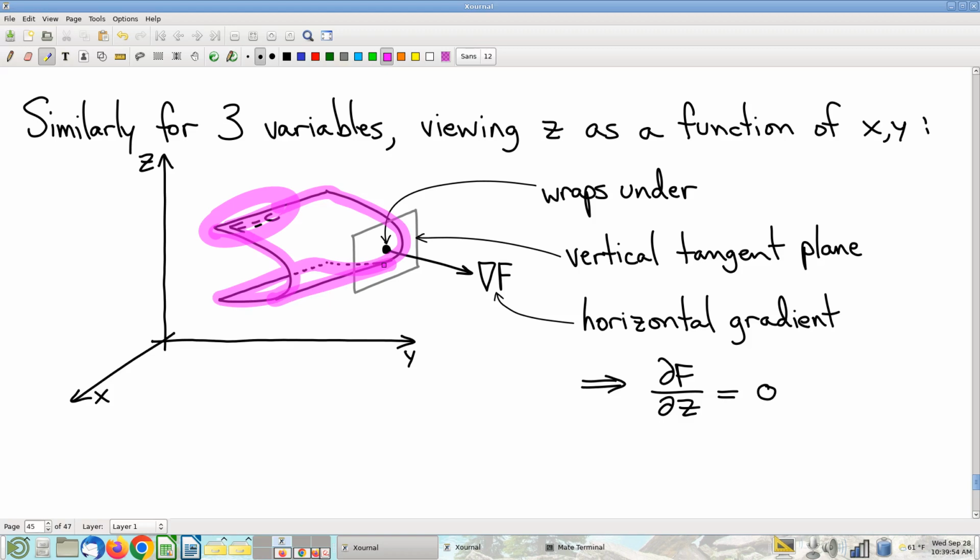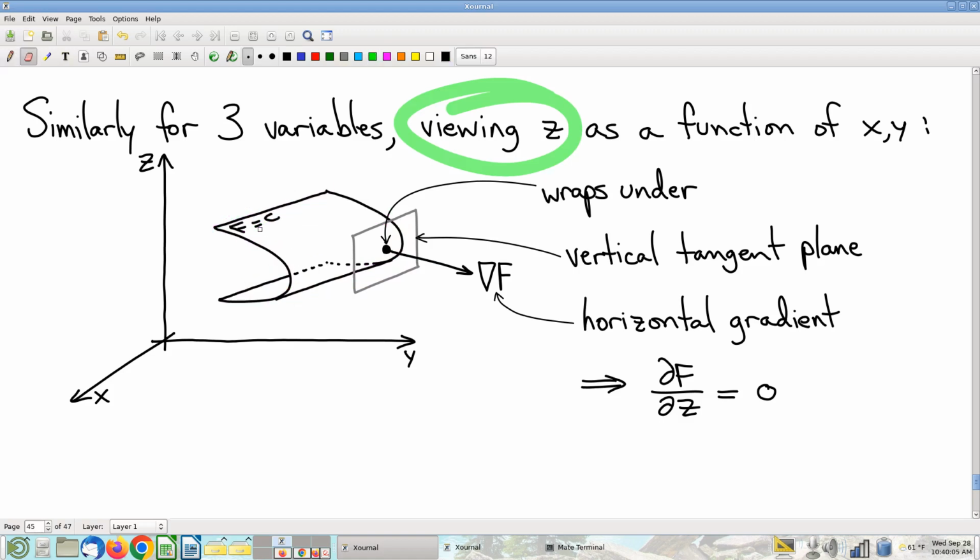Analogous question. Can I locally view one of the variables, let's say z, as being a function of the other two? And again, it's going to depend on where you're looking. If you're looking at this point right here, can I view locally? Again, I emphasize locally, so we're only going to look nearby.